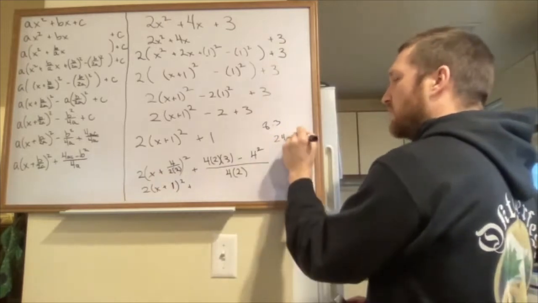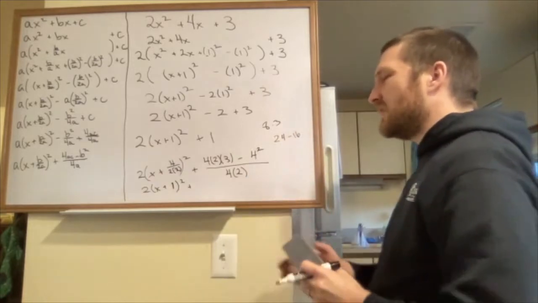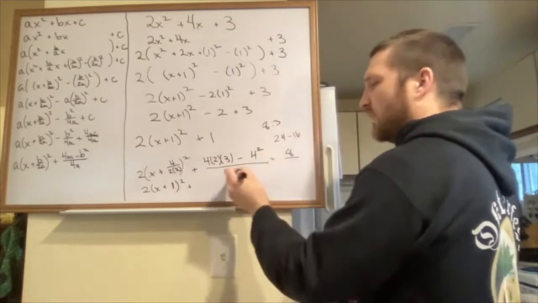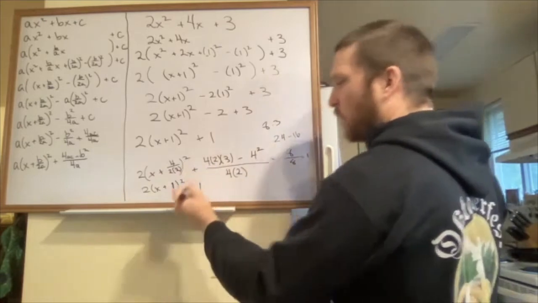Minus 4 squared is 16. 16, 17, 18, 19, 20. So that should be an 8 on the top. That comes out to 8 over 4 times 2 is 8. So 1. So all of that reduces down to 1.